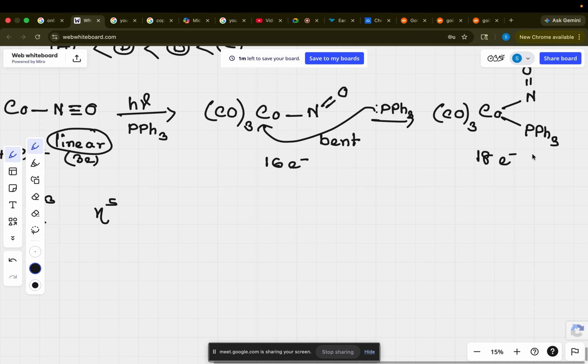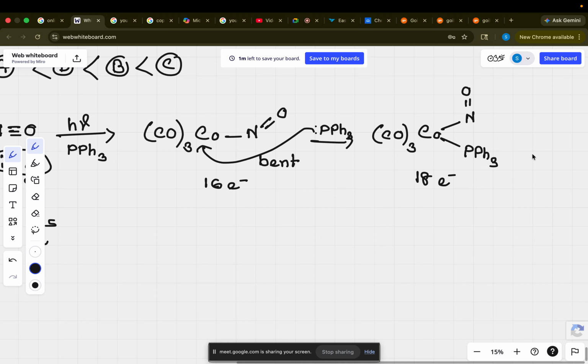Clear? Now if you are getting 18 electrons, after that you can do a dissociative mechanism. Here you can do a dissociative mechanism, because now this nitrosyl cannot adopt any other geometry. From linear it has come to bent, that is enough. The introduction of the new ligand is also done, so now one thing is left, the removal of a ligand, the dissociative step.